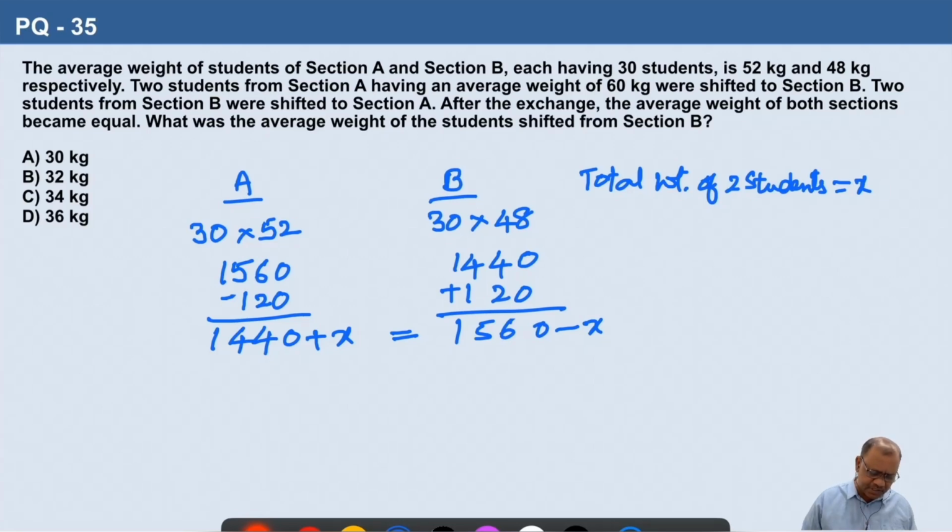Minus x moves to the left side, it becomes plus x. x plus x is equal to 1560 minus 1440. 2x is equal to, if you subtract 6 minus 4, 2, 5 minus 4, 1, 120. x is equal to 60.